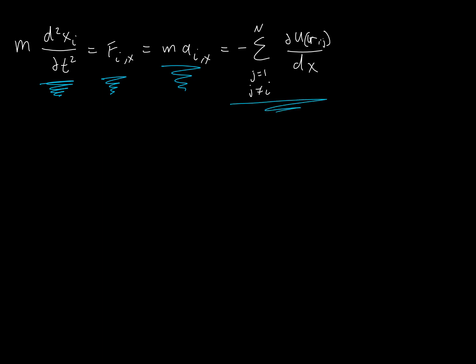And we're saying that we are adding up all of the attractive or repulsive interactions based on all of the pairs of all the particles. So for every other particle j where it is not equal to i, basically we're summing up particle i's acceleration in the x direction. We need to add up the x component of all of the forces from all of the other particles acting on it.